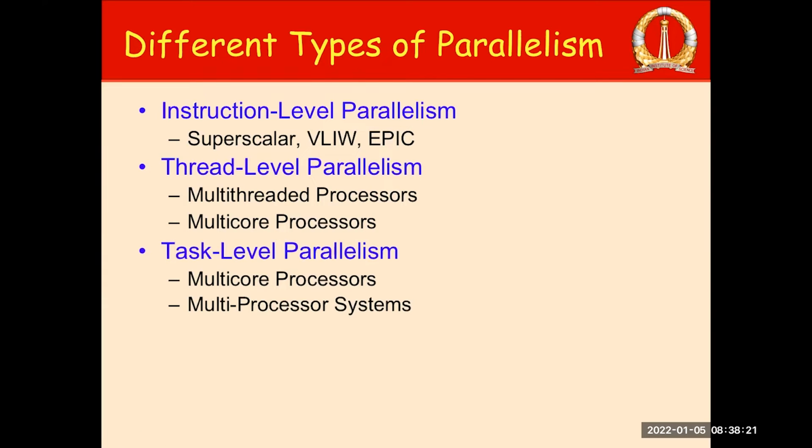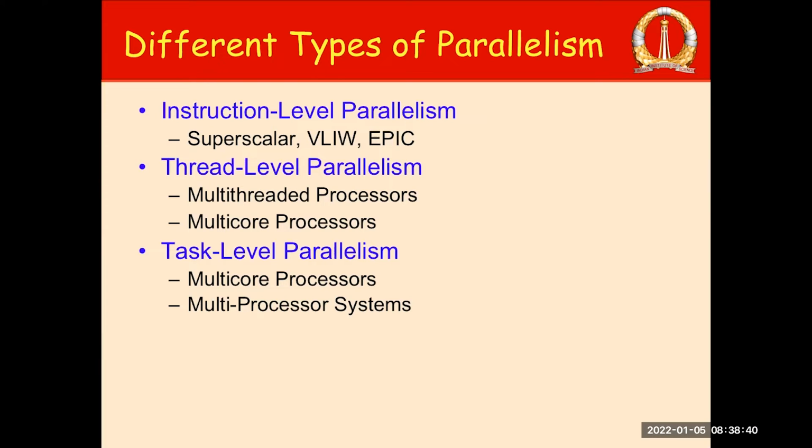The other kind of parallelism that people talk about is task level parallelism, which is more like a coarse grain parallelism, where you talk about different processes, and these processes interact with each other either by means of a shared memory abstraction or by means of some kind of communication abstraction.